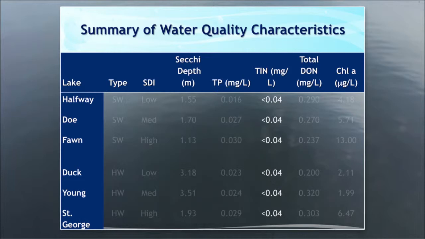When we look at organic nitrogen, which can be utilized by algae as well, there weren't any huge noticeable differences between our groups of lakes. So when it comes to nutrients, there really wasn't a lot of difference, which is rather surprising. However, when it comes to chlorophyll A, we did see some relationships with water quality variables, which I'll show you graphically.